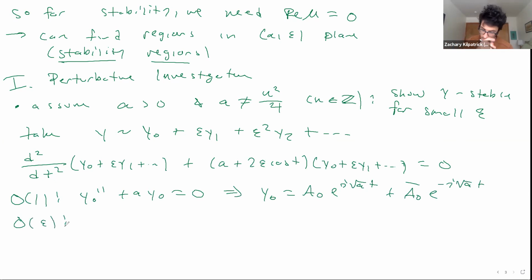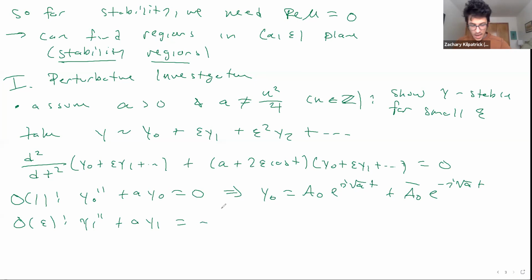Now, just like the problems you've worked before, you can imagine what we're after at higher order. We want conditions in order to exclude resonant terms, or we want some condition in order to avoid unstable solutions.